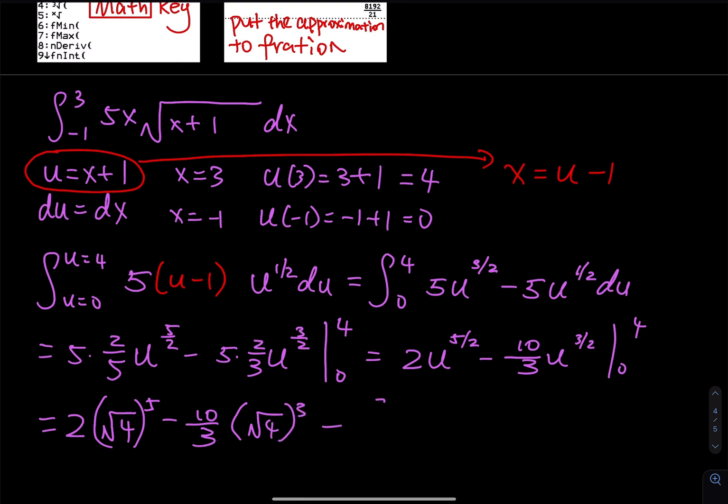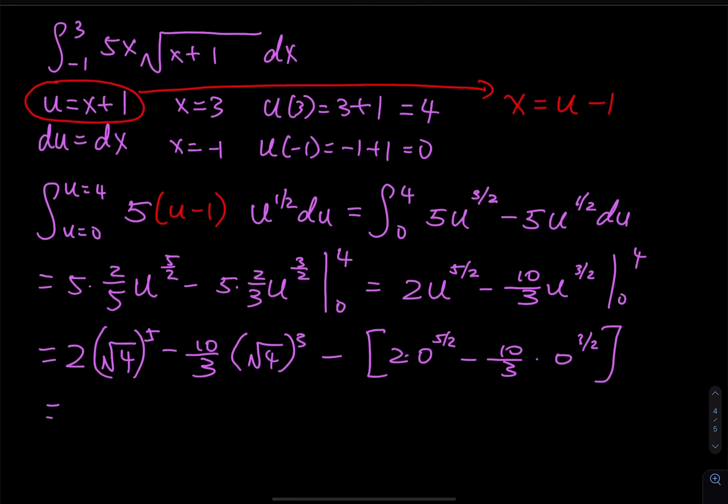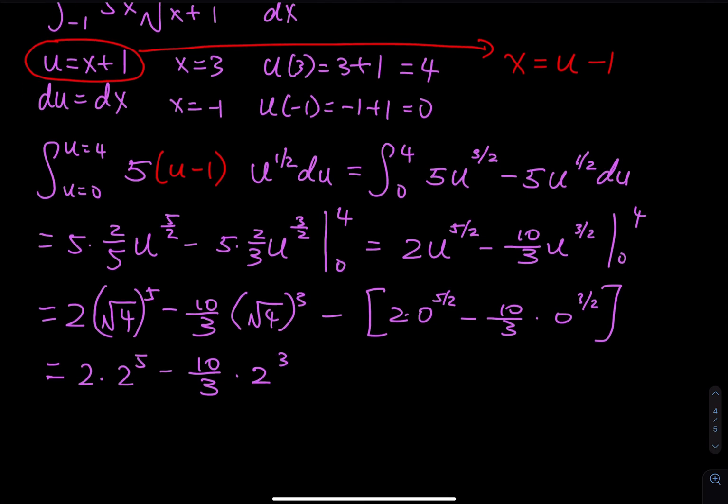Once you plug in 0, everything is 0. So 0 to the 5 over 2, minus 10 over 3 times 0 to the 3 over 2, everything is 0 inside the square bracket. And then we have 2 times 2 to the 5th, minus 10 over 3 times 2 to the third power, right? And then 2 to the 6th power is 64.